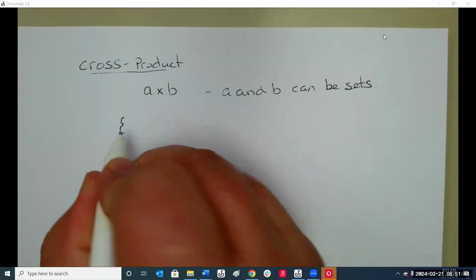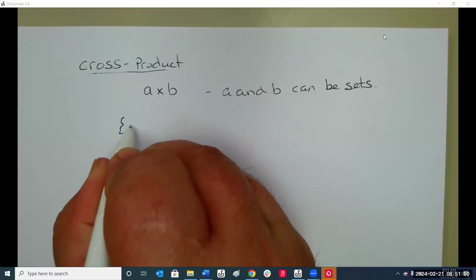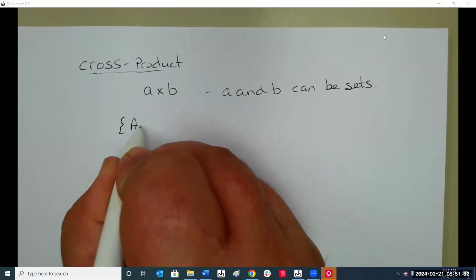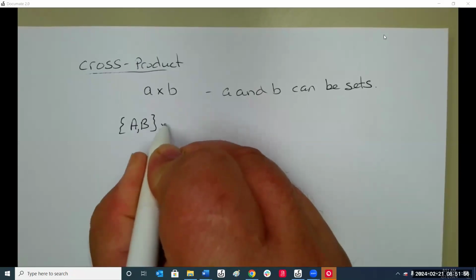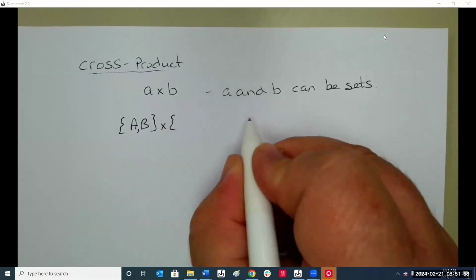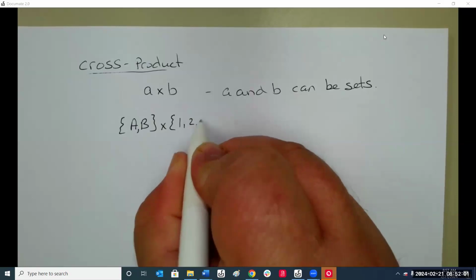In other words, A can represent capital letters, A and B, and B can represent the numbers 1, 2, 3.